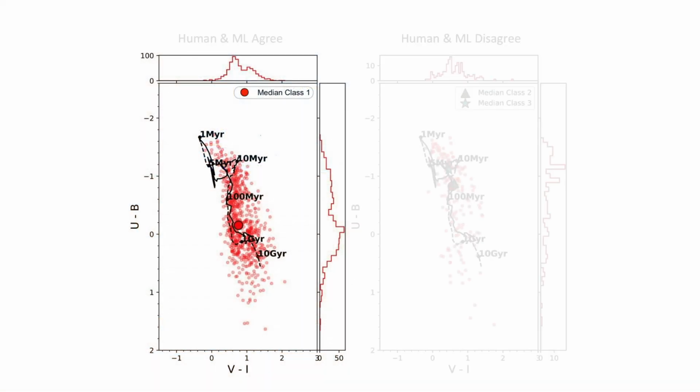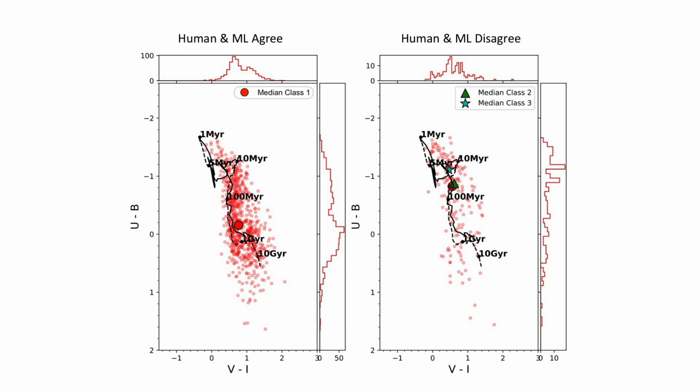And so if you have a symmetric object, which is in fact younger, we actually found that those were classified worse by the models, or the models were less accurate in classifying younger class 1 objects. Those younger objects are going to be located in the same color space as where the class 2s and 3s reside.